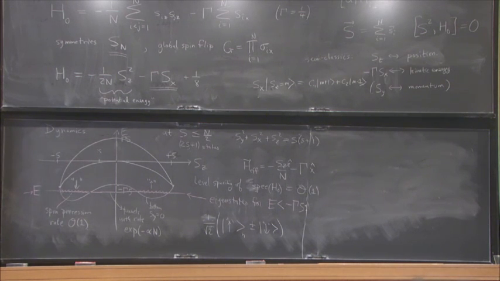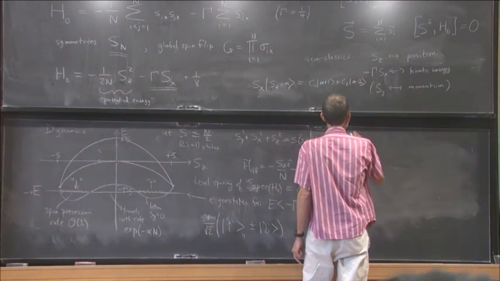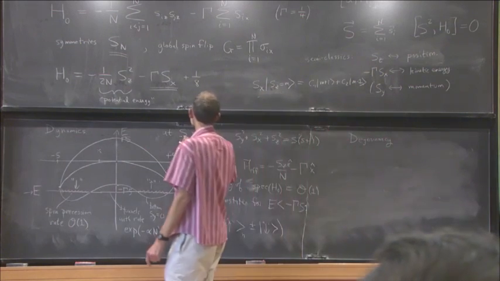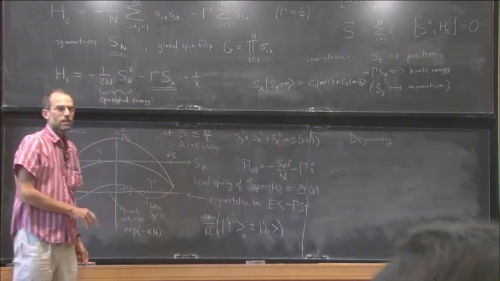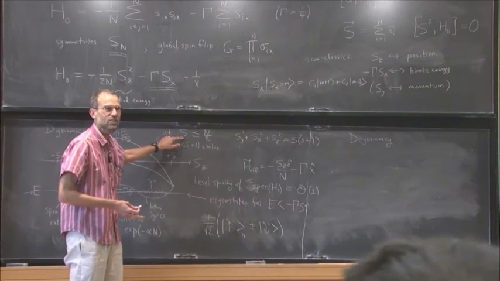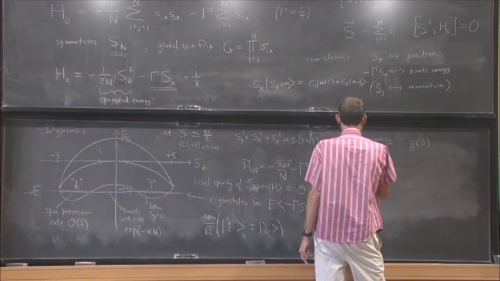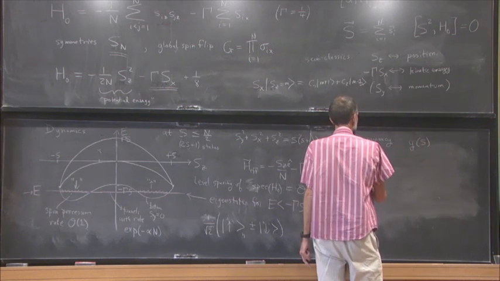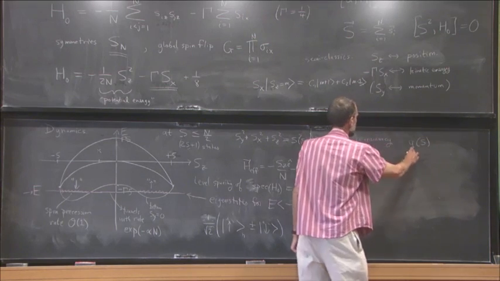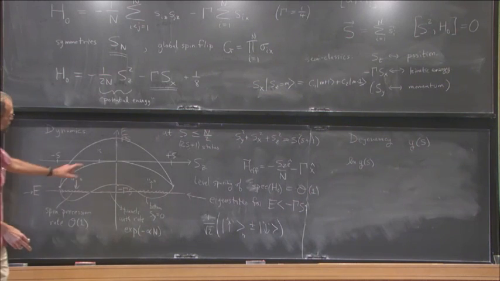Good. And then we have a degeneracy. So for a fixed S less than n over 2, there are many ways of taking n spin-1/2s and adding them up to make total spin S. The degeneracy, I'll just call it G of S, and it's just the binomial entropy, or the Shannon entropy, whatever you call it, log G of S. So this is the number of different states in this space.